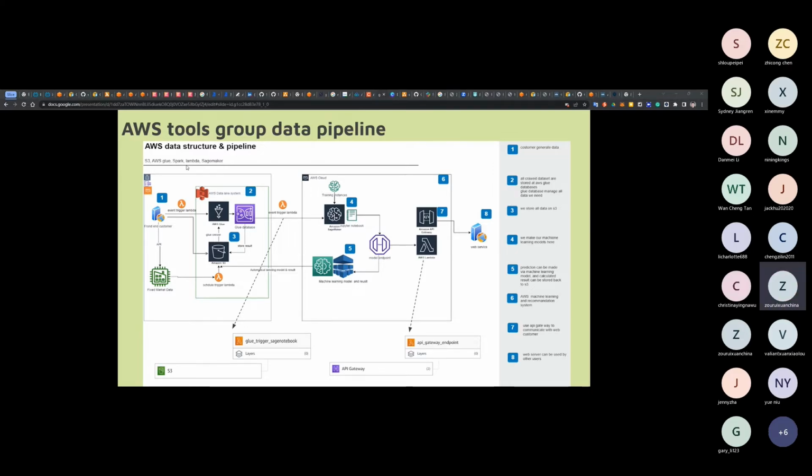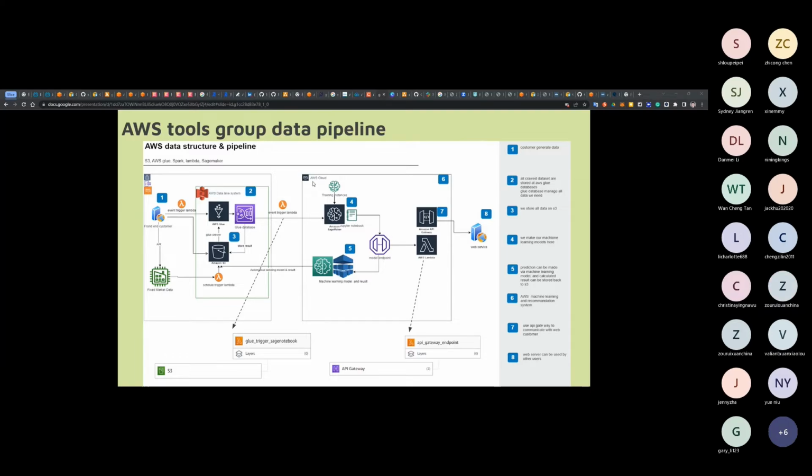We separate our AWS data structure and pipeline into two parts. The first one is the AWS data lake system on the left-hand side. In this data lake system, we have Amazon S3 and also the Lambda function to trigger them, and also AWS Glue and the Glue databases. Those components combine to form our data lake system.